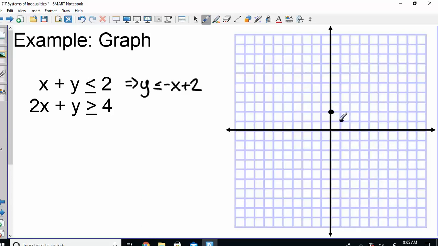My slope is -1, so down 1 over 1. We said it would be a solid line. So draw that as straight as you can. Hopefully yours is a little bit straighter than mine.